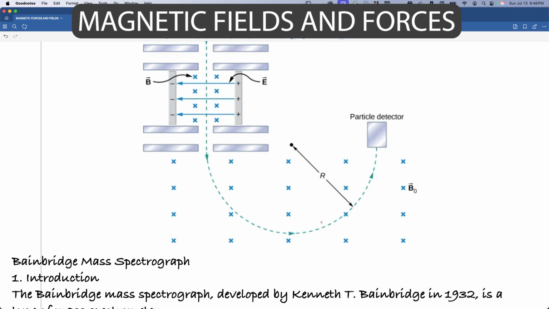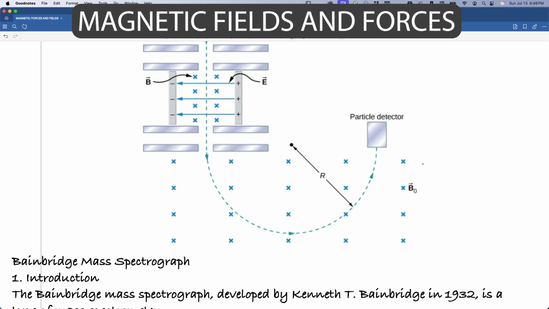Now, there's no electric field here. So when these particles enter this magnetic field, you may remember that they are compelled to go around in a circular path or a semicircular path, because we have a particle detector here which can be moved to catch the particles moving in different radii. If you move this here, you're getting particles that move at a lower radius. You move it here, you're getting those that move at a higher radius.